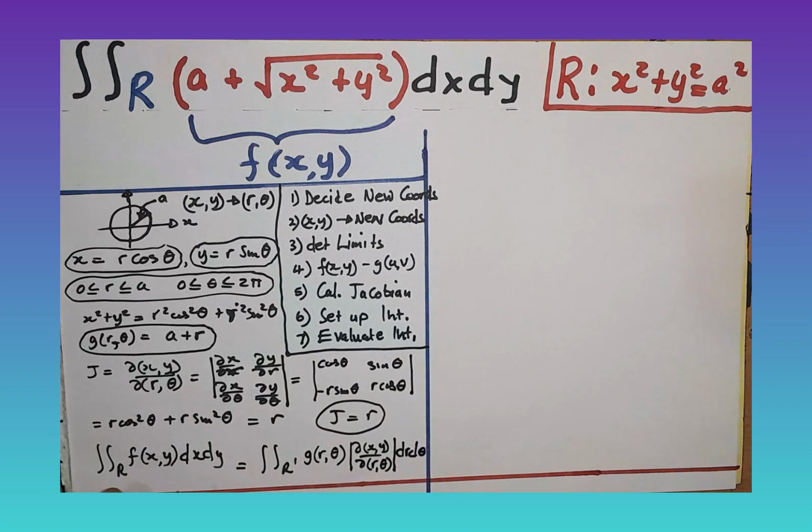So our dx dy is replaced by dr d theta multiplied by the Jacobian.